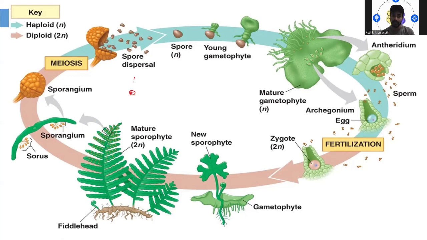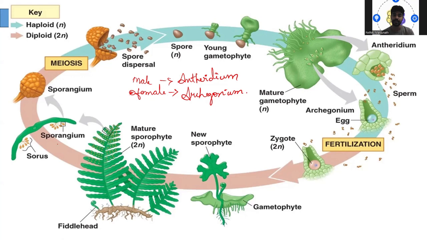The male gamete organ is called antheridium, and the female one is called archegonium. If single, archegonium, and for the male, antheridia. Clear? So they represent the individual gametes now.